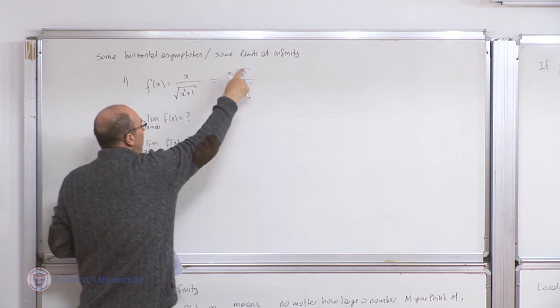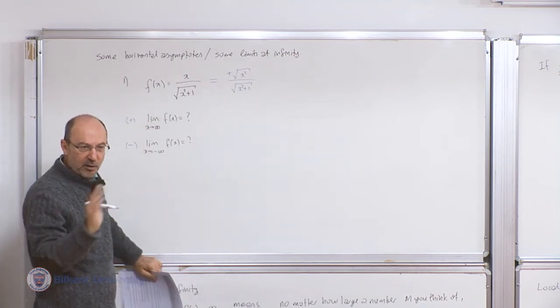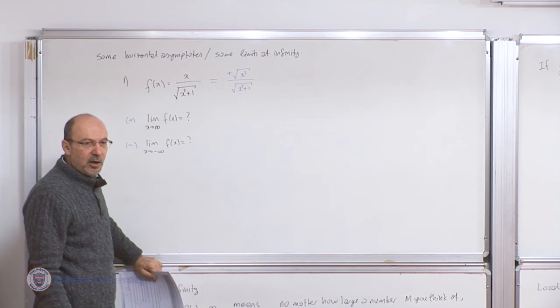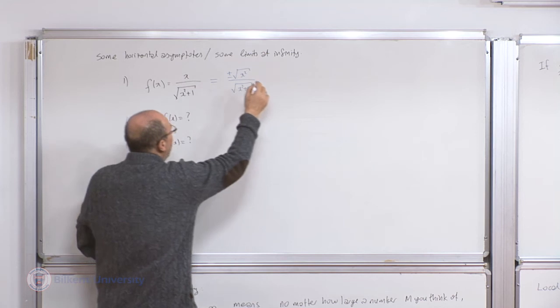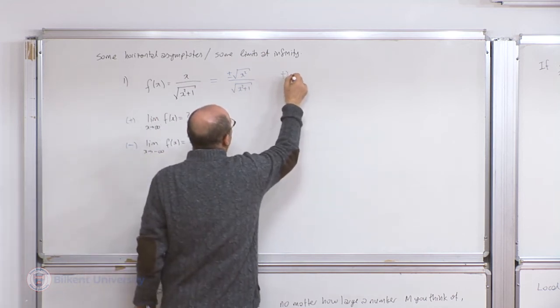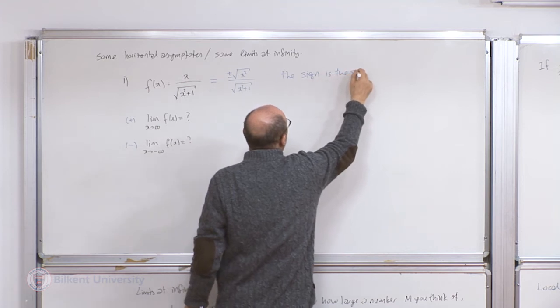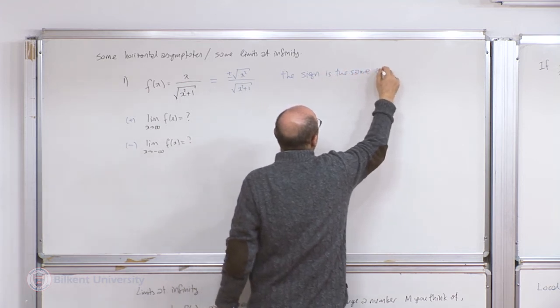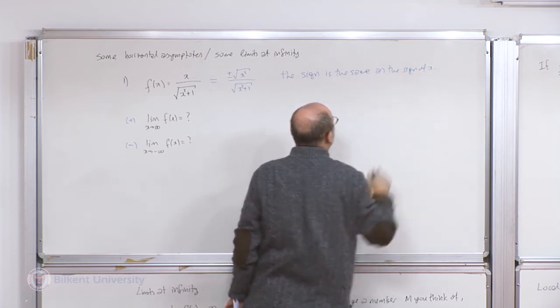So when I square and take the square root, and if I take the positive square root, then I'm not calculating the thing I started to calculate. So then it will be minus. Okay. So the sign is the same as the sign of x.